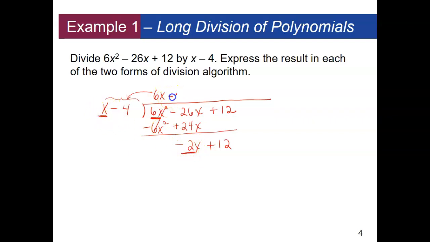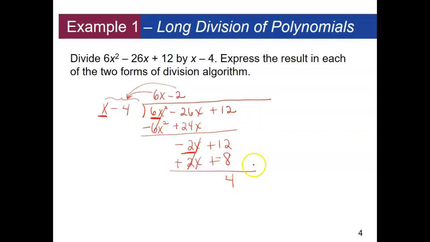Let me multiply that out. Negative 2 times x would be negative 2x. Negative 2 times negative 4 will be positive 8. We're going to subtract, which means we'll change our signs, and we're going to have 4.